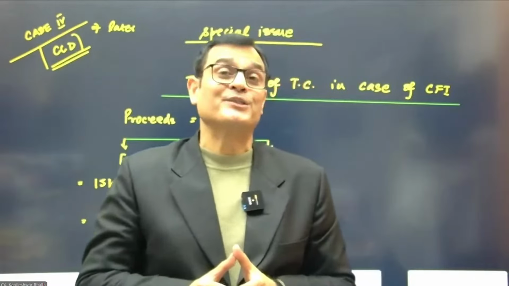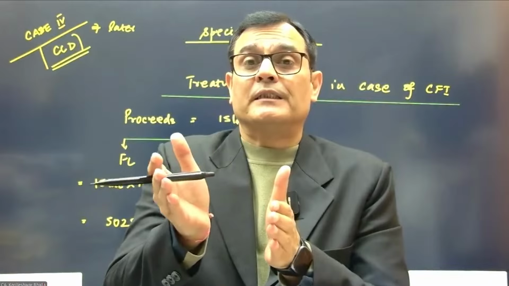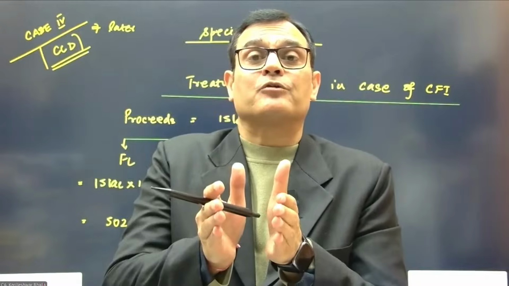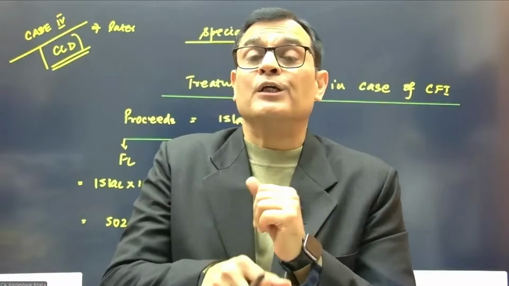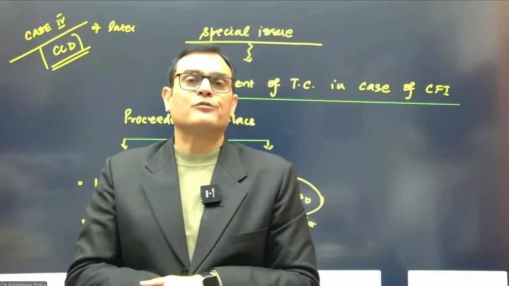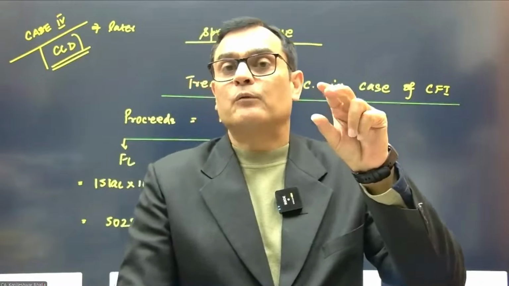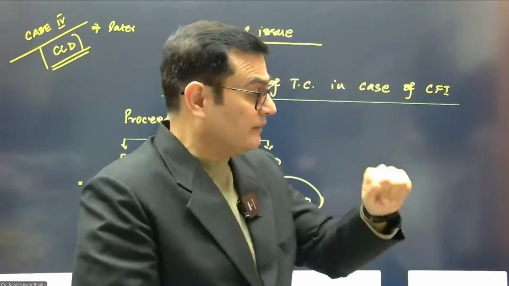And the wonderful part is the transaction cost related to equity has got a different treatment, and the transaction cost related to FL has got a different treatment. So it is necessary that the transaction cost is split between what relates to the equity and what relates to the FL. So in this case, let's go back.